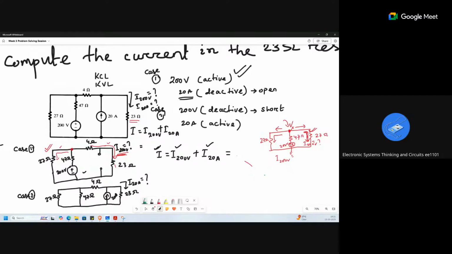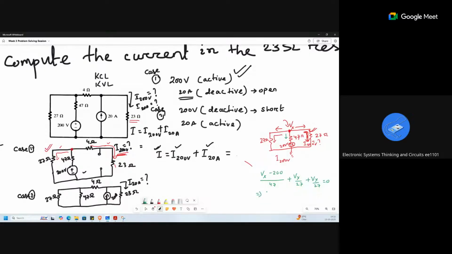Tell me the equation you have written. The equation is (Vx minus 200) by 47, plus Vx over 27 two times, that means you have considered all the currents going out like this, plus Vx over 27, is equal to 0.